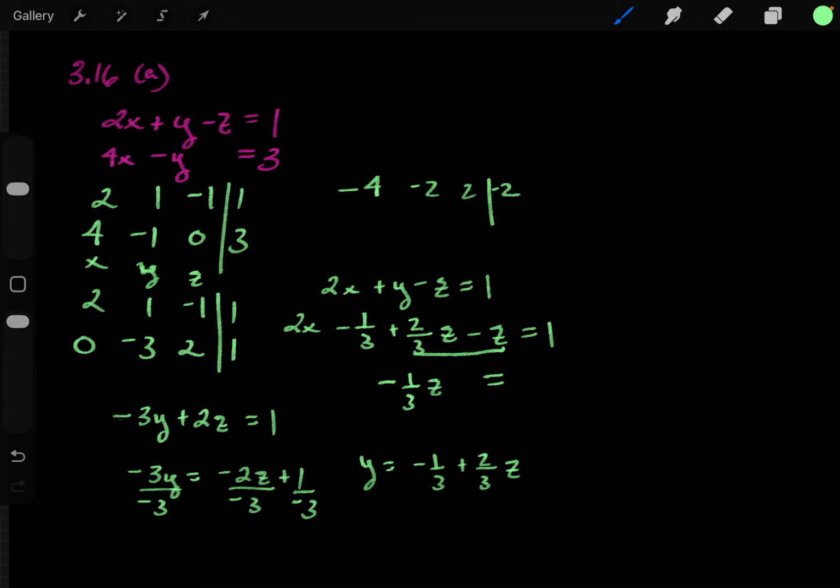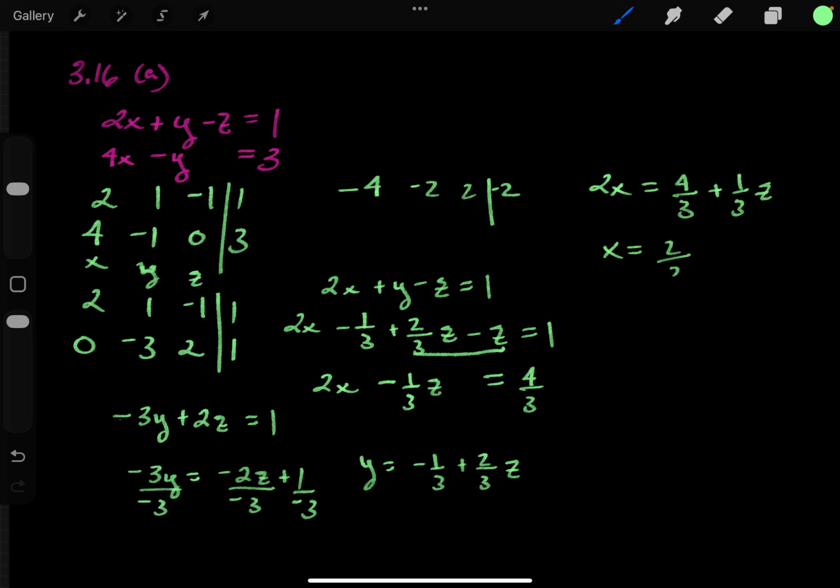And when I add the 1/3 over, I get 4/3. So 2x is equal to 4/3 plus 1/3 z. And then x is equal to 2/3 plus 1/6 of a z. And now with these two, I've written the leading variables in terms of the free variables.